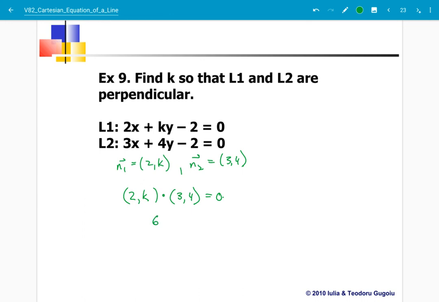So we have 6 plus 4k is equal to 0. k is equal to -6 over 4. k is equal to -3 halves. If k is -3 halves, then they are perpendicular to each other. All right. And that's it for the lesson.